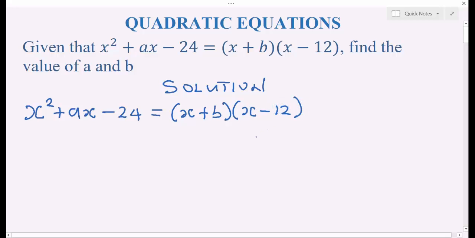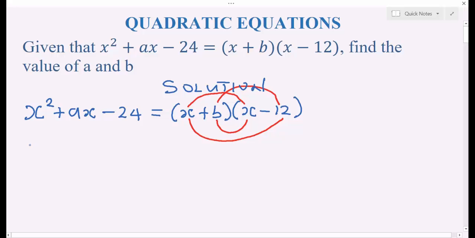So what we will do is to expand the expression on the right hand side, and this is how we are going to expand. We multiply this x with this, multiply this x again with this, multiply this b with this, and multiply the b again with this.